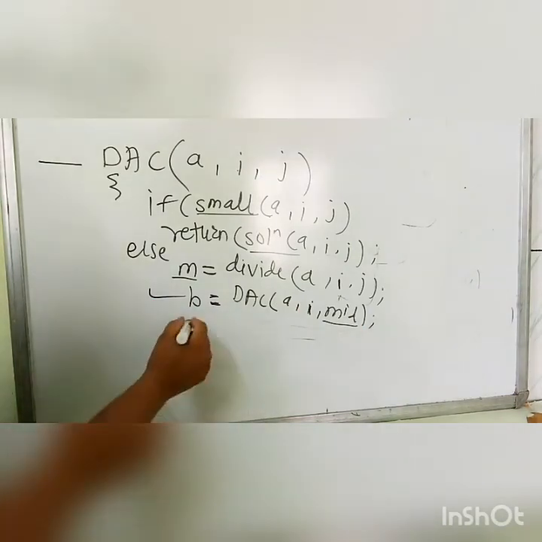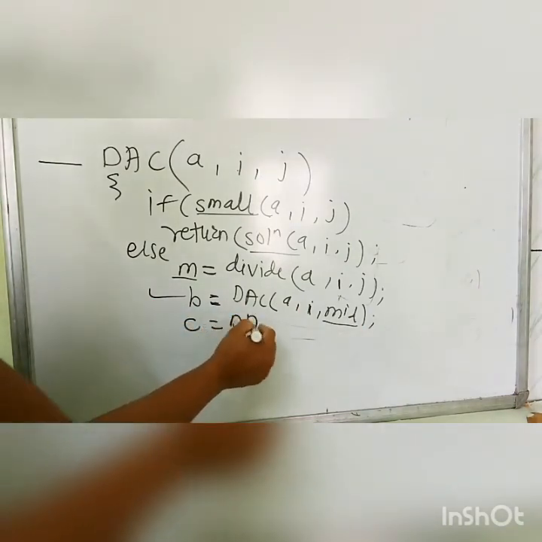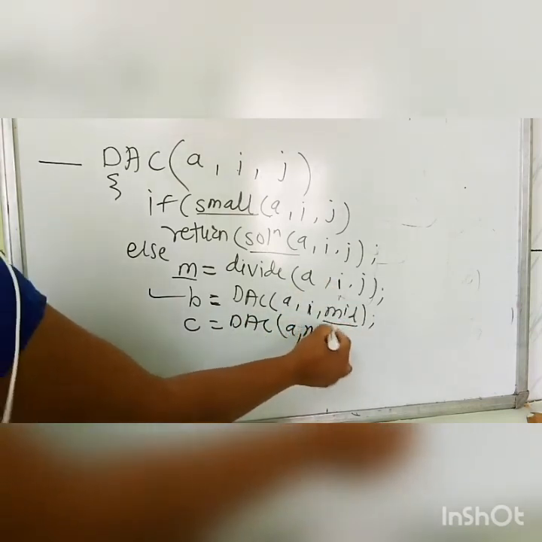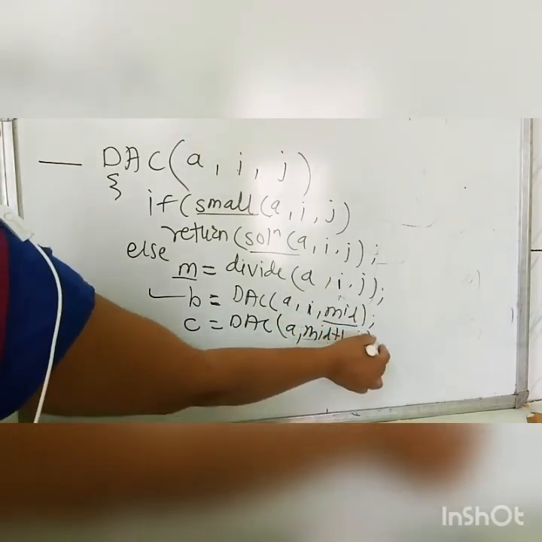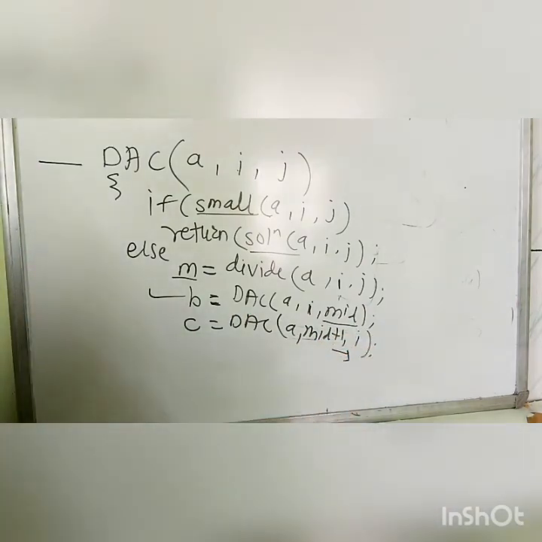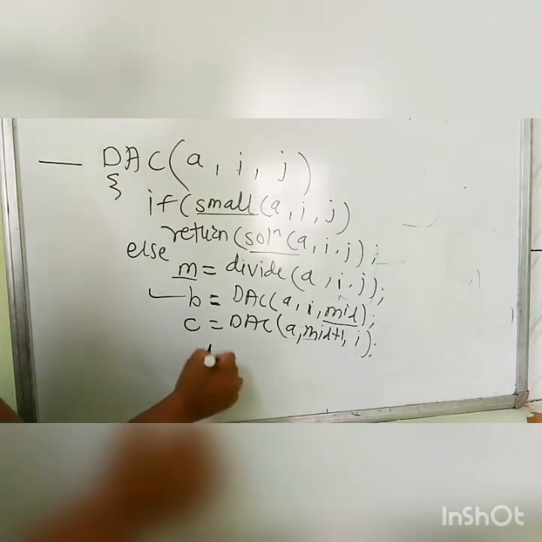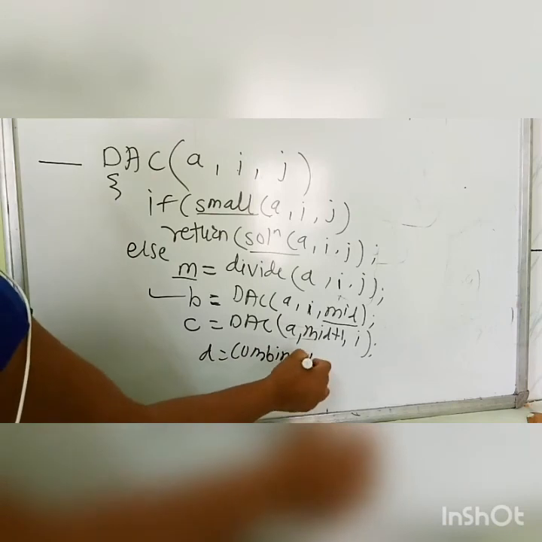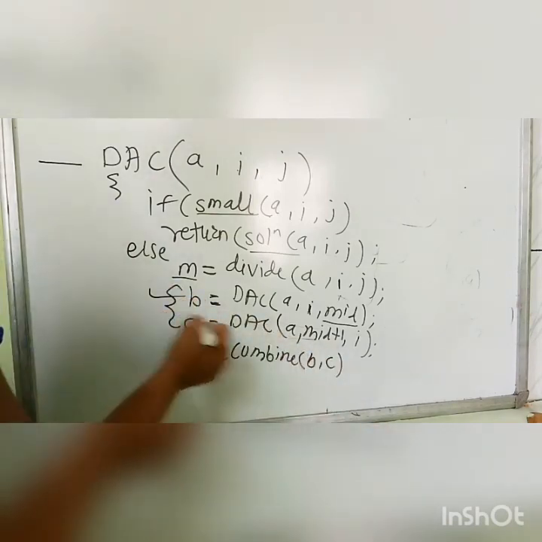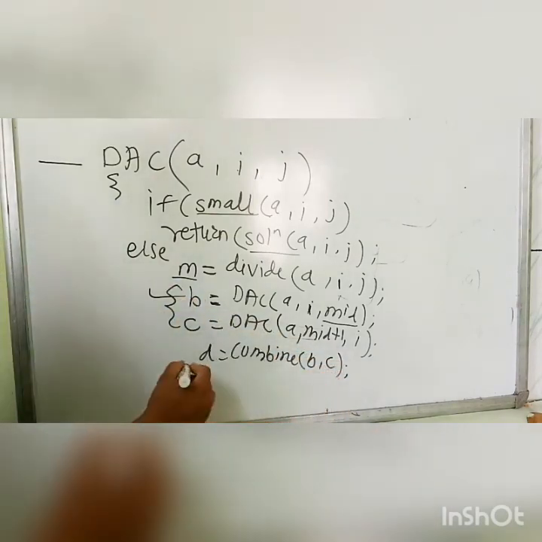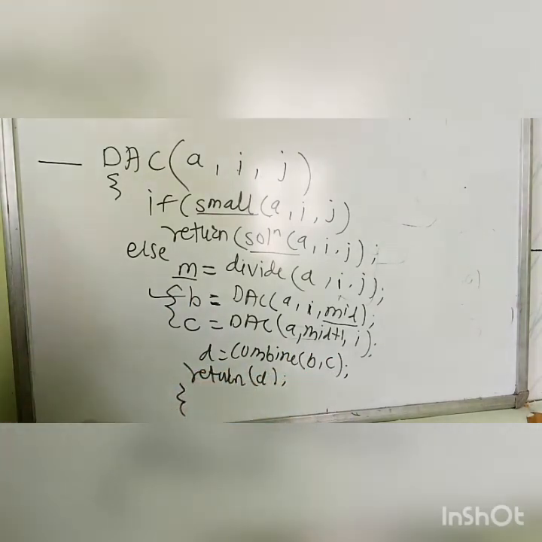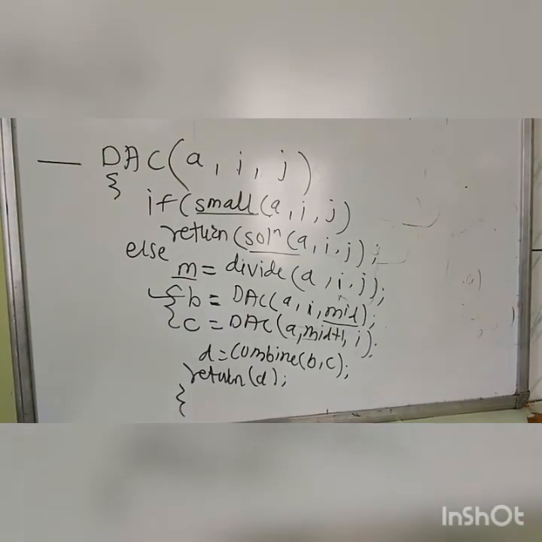Then for the next comparison we take mid plus 1 and J, means we are dealing with the right half. Then at last we will apply combine and combine the answers of both, and finally return the result as the solution of our algorithm.